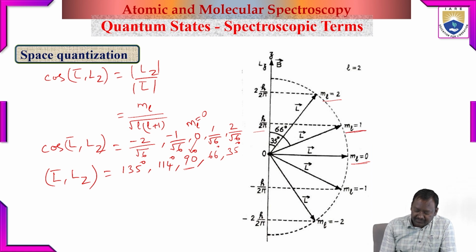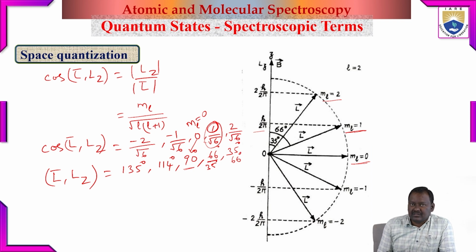And for ml equal to 1, the angle between L and Lz, or L and B bar, is 66 degrees, and for ml equal to 2 it is 35 degrees.